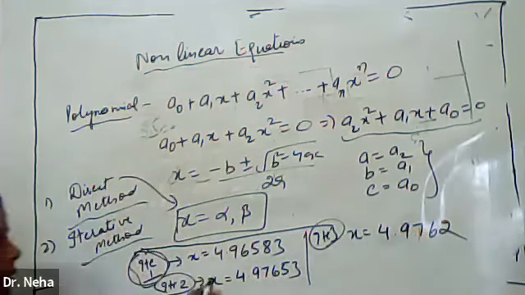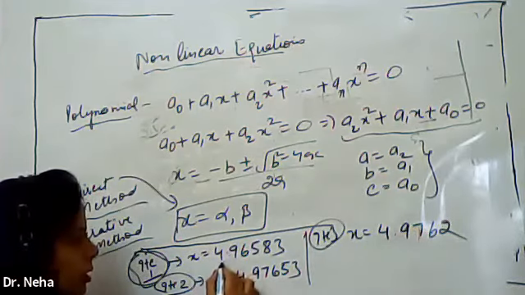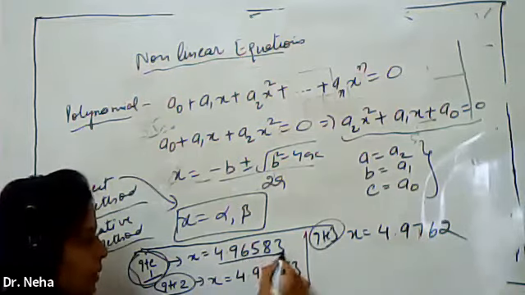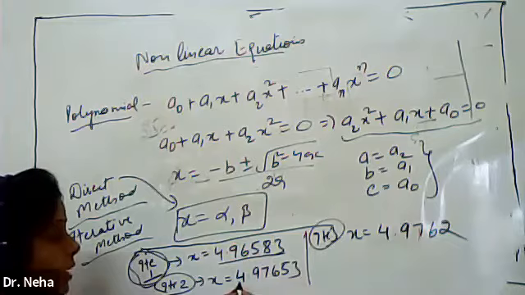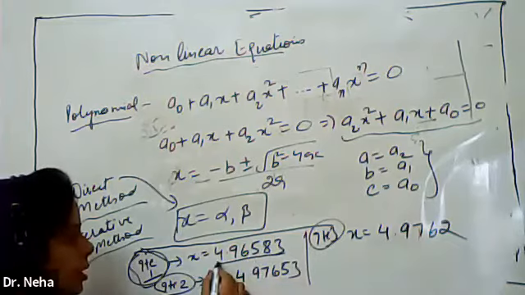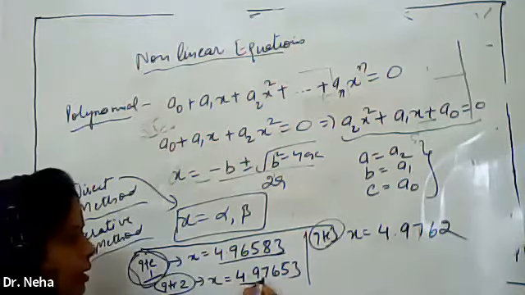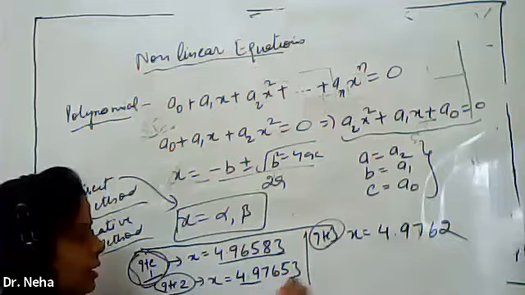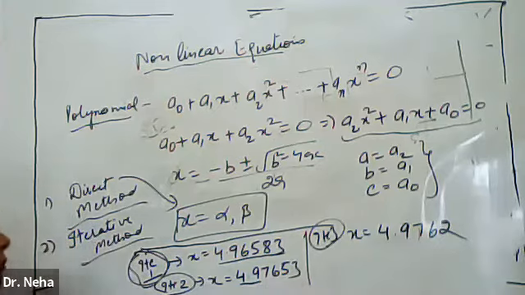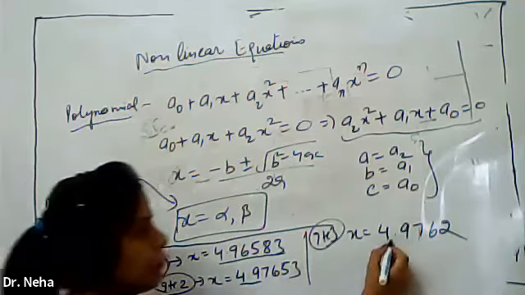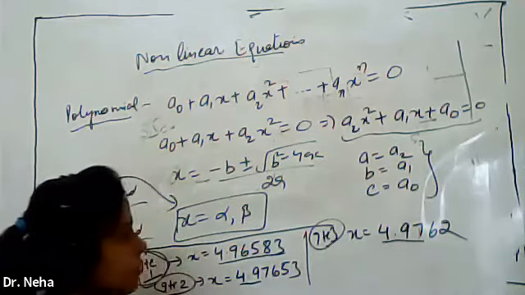Now see, in the first iteration the value was 4.96583. In the second iteration, how many digits are repeating? Before the decimal it is the same. After the decimal, only one digit is the same: 4.9, 4.9. The remaining digits are different. In the next iteration, 4.97 repeats itself.